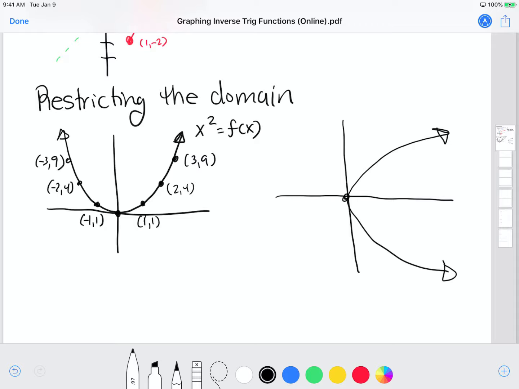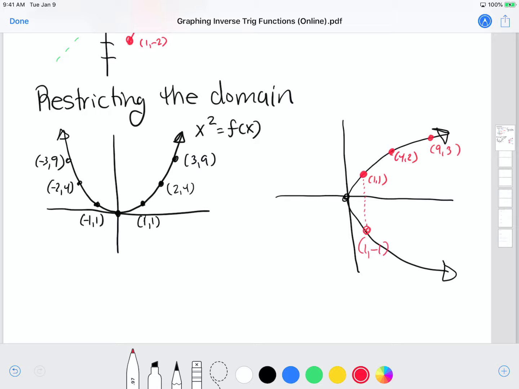Let's go through and actually do that. If I swap the point 1, 1, I'm going to get 1, 1. If I swap the point 2, 4, I'm going to get 4, 2. If I swap the point 3, 9, I'm going to get 9, 3. And then if I swap the point negative 1, 1, I'm going to get the point 1, negative 1.